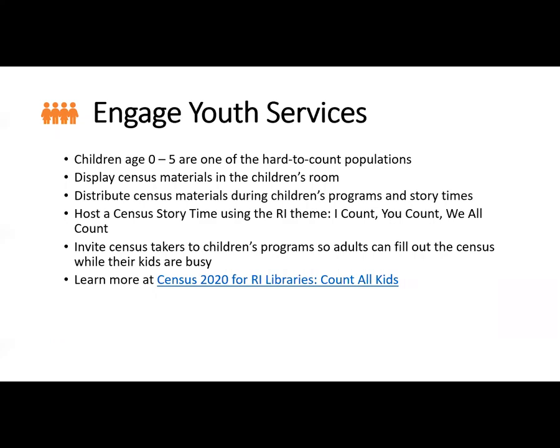So children of immigrants, children in low-income families, children who live in complicated living arrangements are more likely to be undercounted. Some people think that for some reason babies don't count as people when they live in their houses. So children age 0 to 5 are meant to be counted. They are an important part of our population.